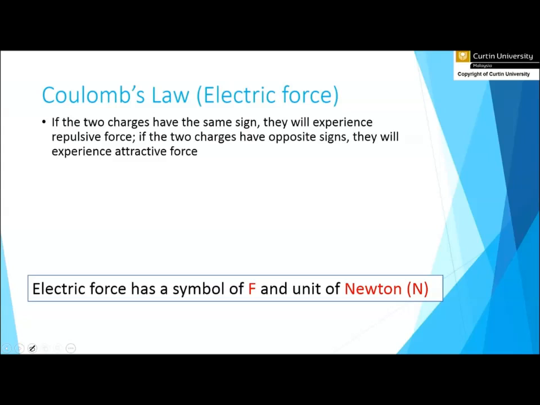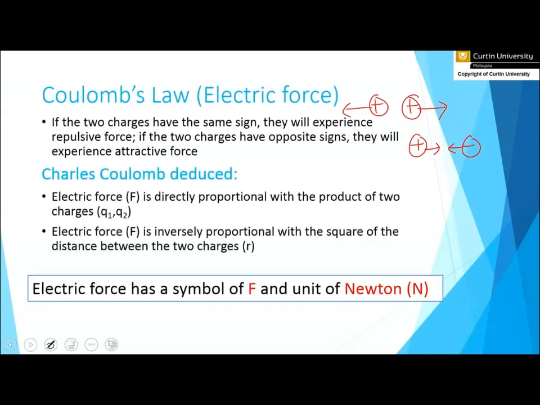Okay, so let's say if you have two positive charges, they tend to repel against each other. But if you have one positive and one negative, opposite charges attract, so they will be attracted. And it further says about the strength of the electric force. So the strength of the electric force is directly proportional to the product of two charges.